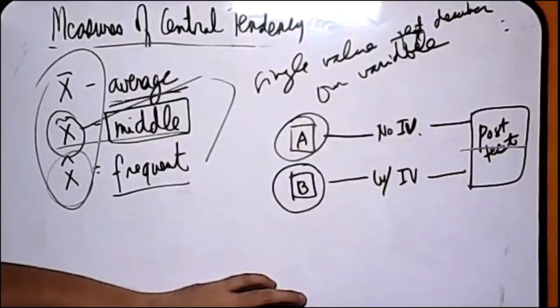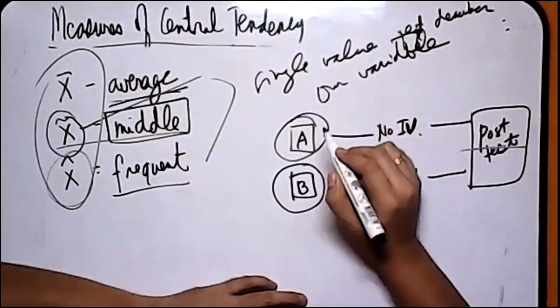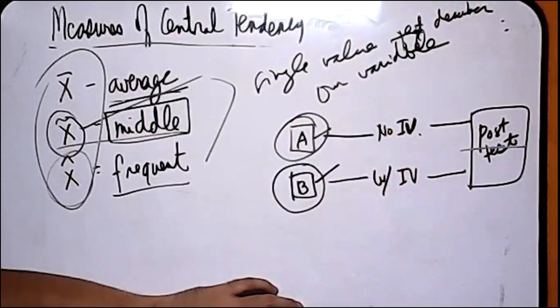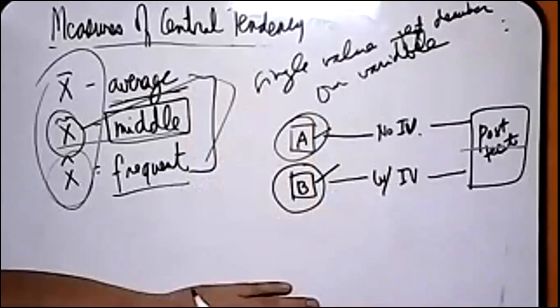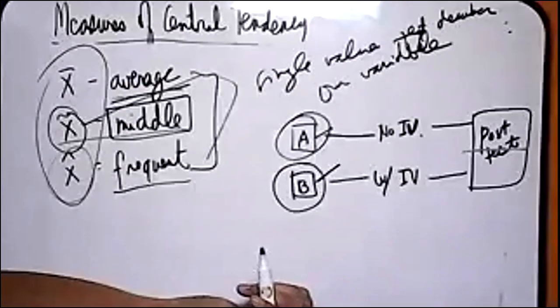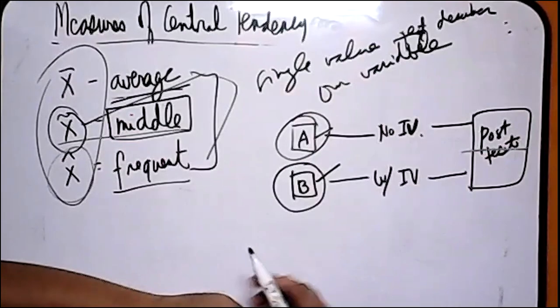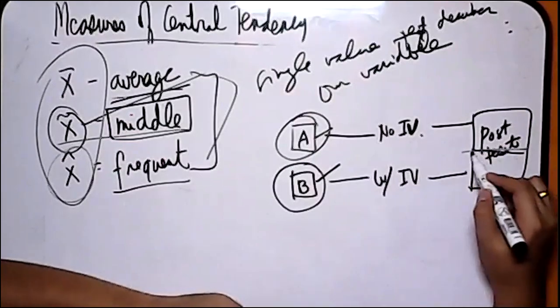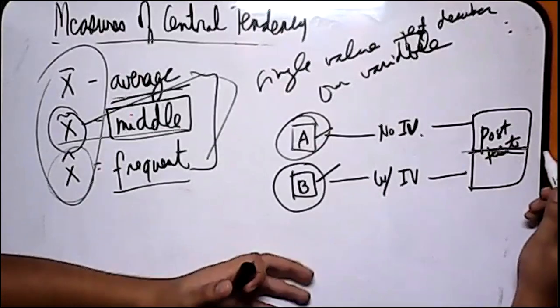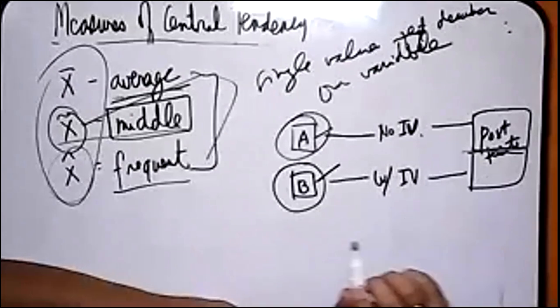So we get a single value that would describe class A and class B, and which measures can help us with that problem? Those are the measures of central tendency. But this again varies in terms of the levels of measurement of your variables. In this case, since we are looking at the post-test scores, and the scores are interval or scale in measurement, then we get the mean value.